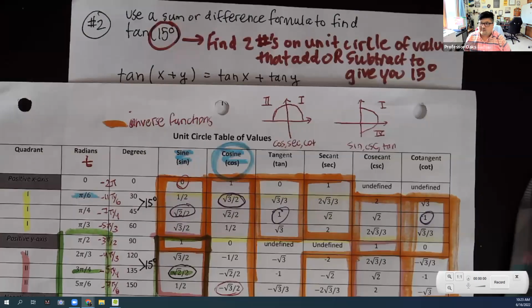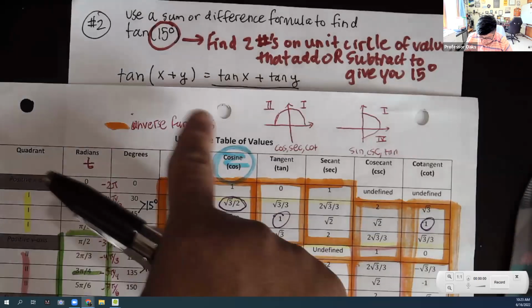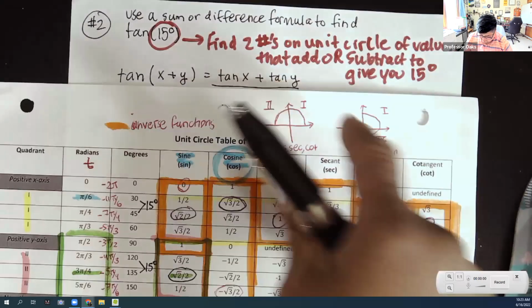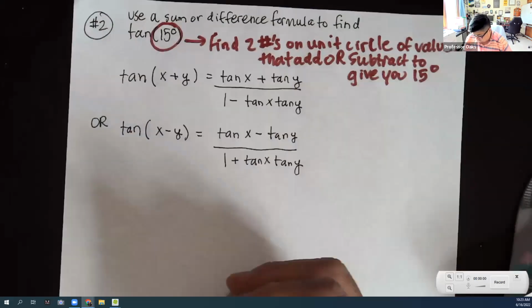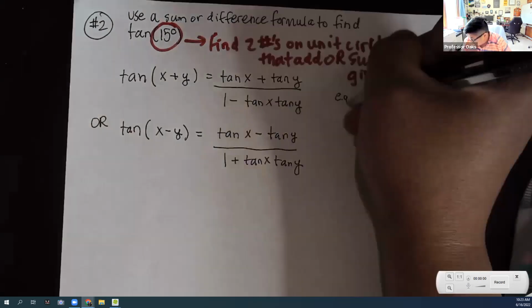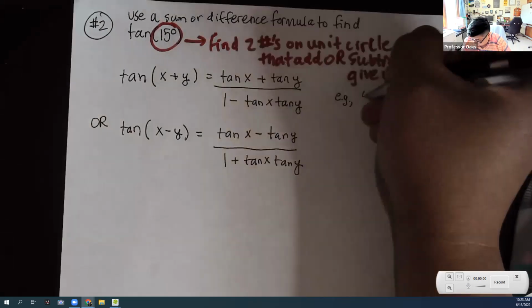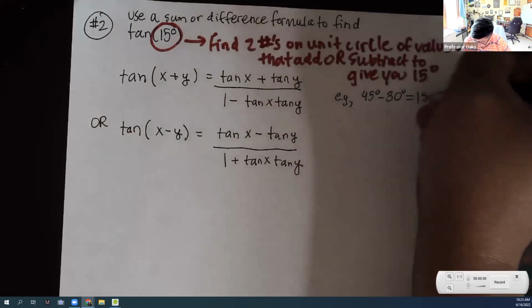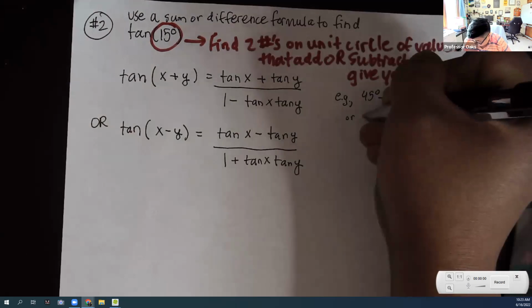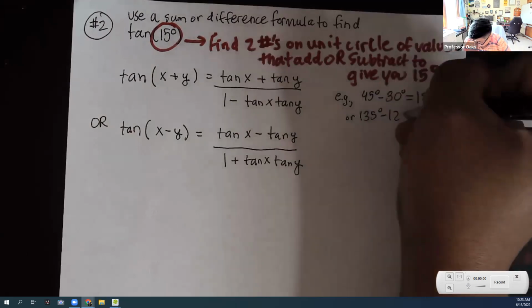So all you have to do is go to the table and find two values that add or subtract to give you 15 degrees. So for example, 45 degrees minus 30 degrees is 15 degrees, or 135 degrees minus 120 degrees is 15 degrees.